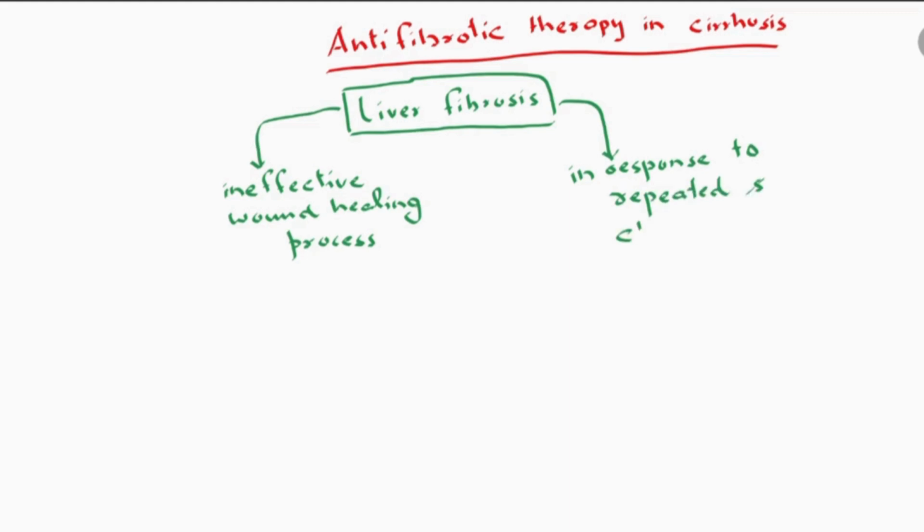If this injury is persistent and chronic, it leads to perpetuation of activated hepatic stellate cells, which get converted to myofibroblasts.